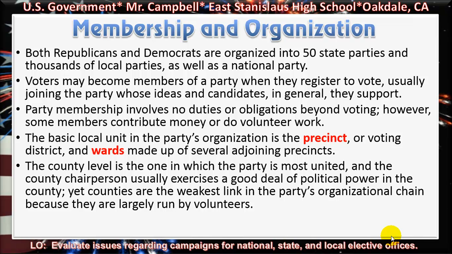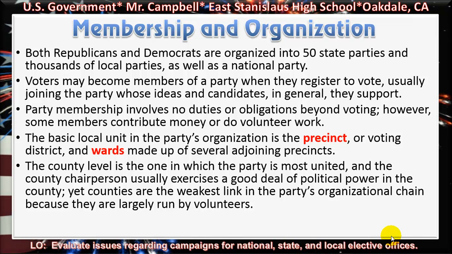Now, what this means is, if you look at, for example, here in Stanislaus County, there's a Republican Party of Stanislaus County, there's a Democratic Party of Stanislaus County. Both of those county parties are members of the respective state parties. So the Republican Party of Stanislaus County is part of the California Republican Party.